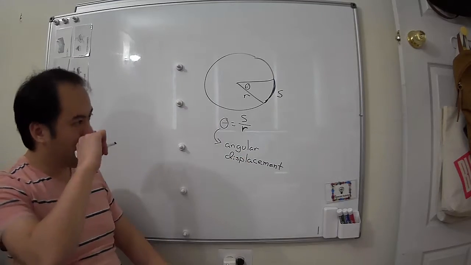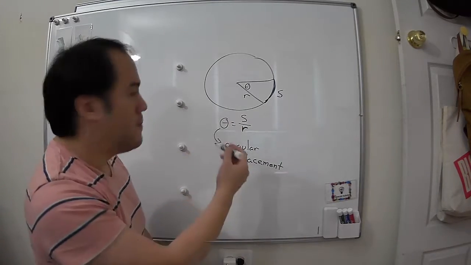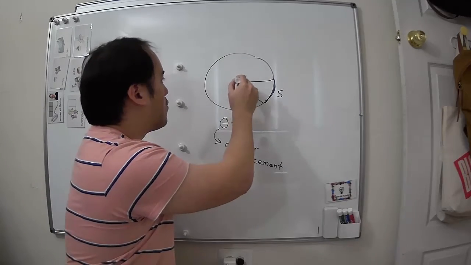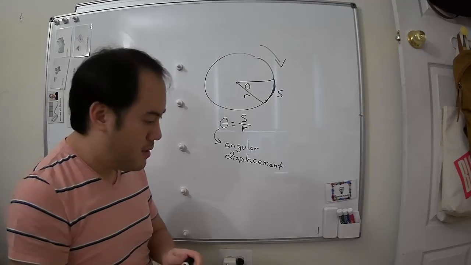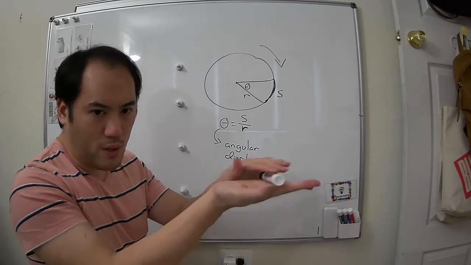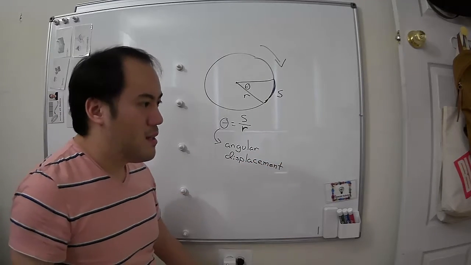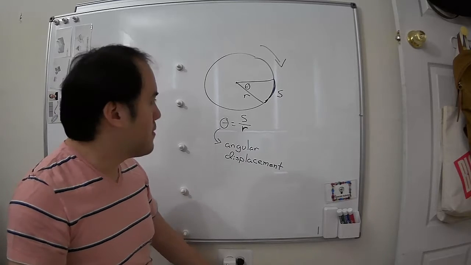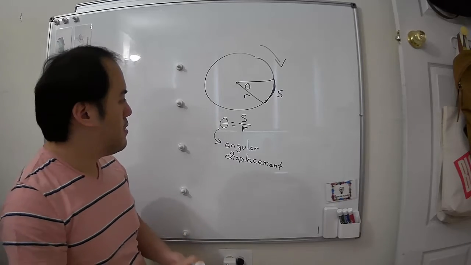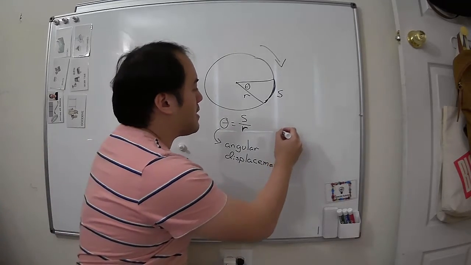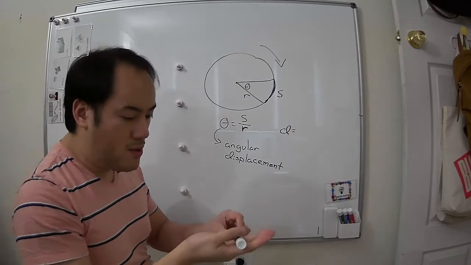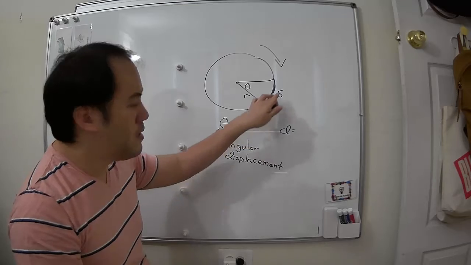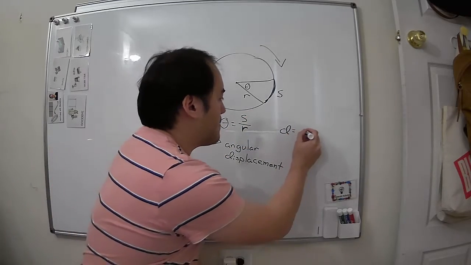Imagine this circle is a wheel, and the wheel is rotating. Imagine the marker is rolling across my hand, or a ball is rolling across the ground, or anything. The displacement d that the ball travels actually is s.